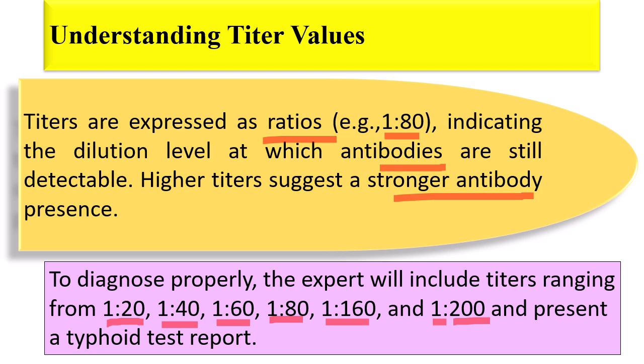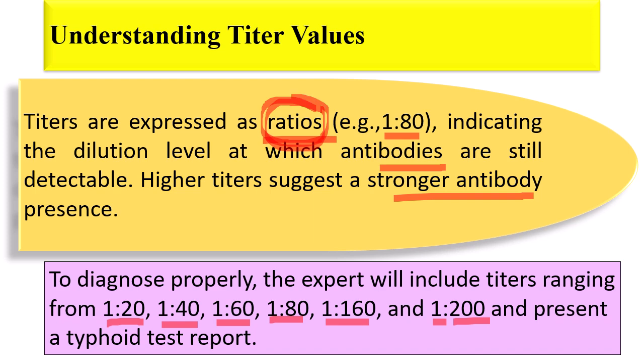Experts in daily routine use these ranges of titer value, and the report is also presented in this form. So please don't be confused. It is a titer value expressed in ratio form in which antibodies are detectable.